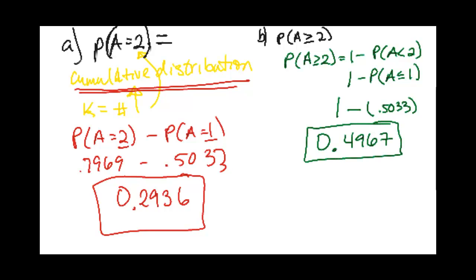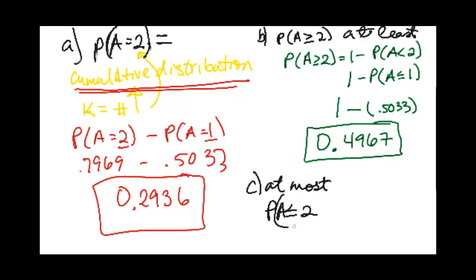And then if you wanted the at most, this was at least, at most would be less than or equal to 2. That's just the table value for 2, whatever that is.